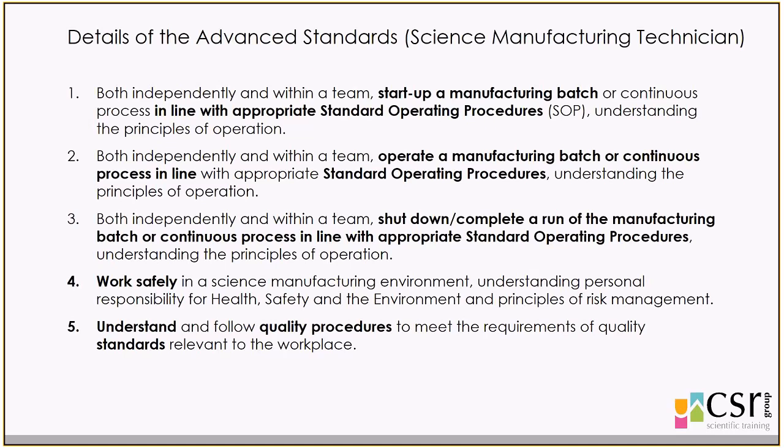They'll be able to operate manufacturing batches or continuous processes in line with those procedures, shut them down or complete the run, again with SOP in mind. Of course, work safely in that environment and understand the quality procedures and the requirements of your standards that are relevant to your company and your sector. Okay, so hopefully that gives you a bit of a flavour for those.